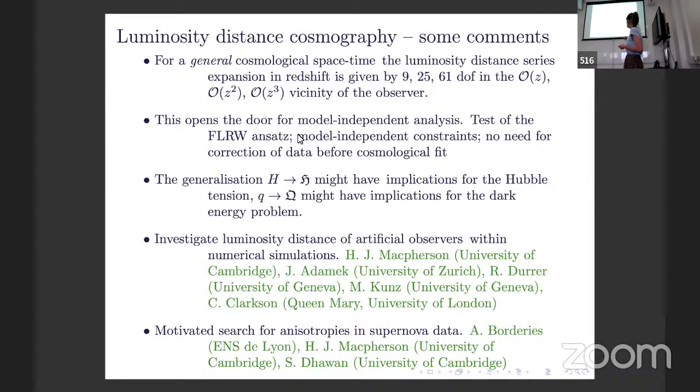Yes, and we want to keep in mind that the generalization of the cosmography and the associated generalization of the effective cosmological parameters might have implications for the Hubble tension, and also in principle implications for the dark energy problem in cosmology.